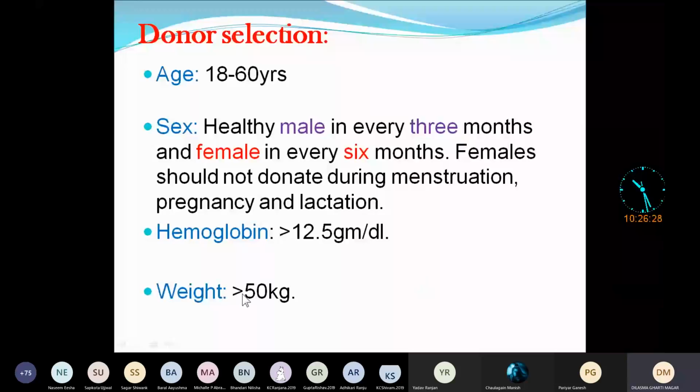Age, 18 to 60 years. The person has to be more than 18 and less than 60 years. Sometimes during the blood donation camp, some donors come and if they look very young, we'll ask their age.